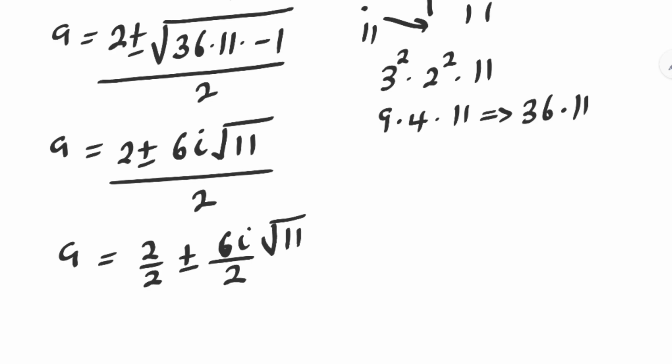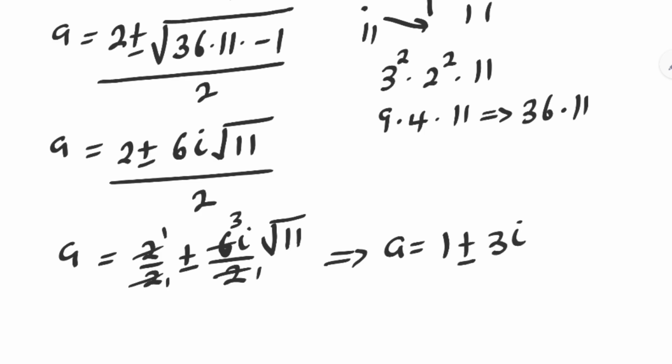Two here 1, two here 1, two here 3. This is the same thing as A is equal to 1 plus or minus 3i root 11.